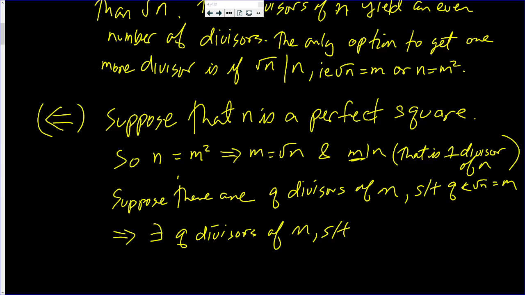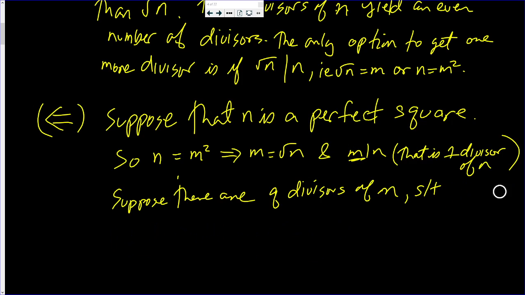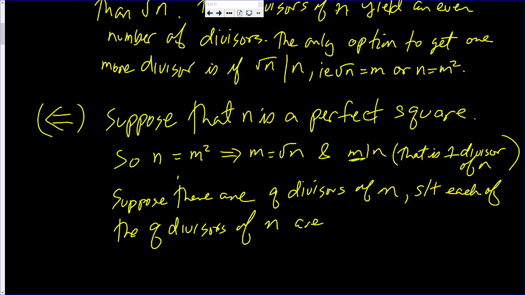No, I don't like the way I worded that. Having q here is interesting, such that each of the q divisors of n are all less than m.